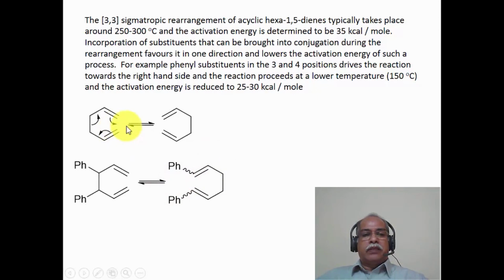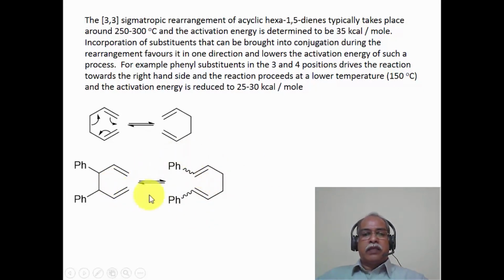For example, if you consider this reaction, the reaction will proceed from left to right very nicely, and the reverse reaction is probably not going to take place under this condition, for the simple reason that the phenyl groups are not conjugated in the starting material, but in the product the phenyl groups are conjugated with the olefin. So the extra delocalization energy that one enjoys in this particular structure will promote this reaction from the left hand side to the right hand side.